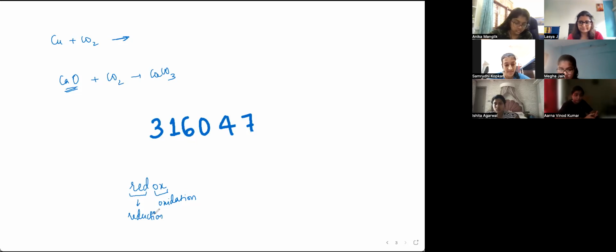Okay, ma'am. Oh, nice. Okay. 3 beakers labeled ABC, each containing 25 ml water. So you put 3 different substances in them, and then something happened. Okay. Right. I can see Dakshini has managed to join in finally.